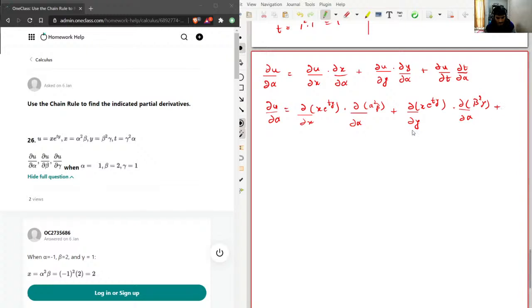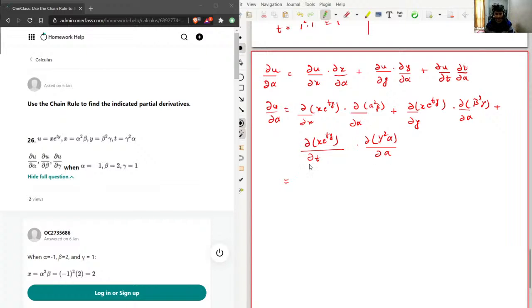and then again plus we'll have x e power ty del t, then it will be del of gamma square alpha over del of alpha.